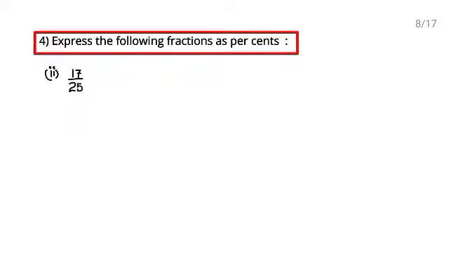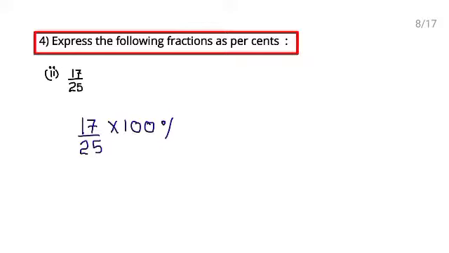Next, question number 4. Express the following fractions as percent. Now students, I have explained to you in the starting of this video that while converting into the percentage, if denominator is not 100, you have to multiply it by 100 to convert into the percent.